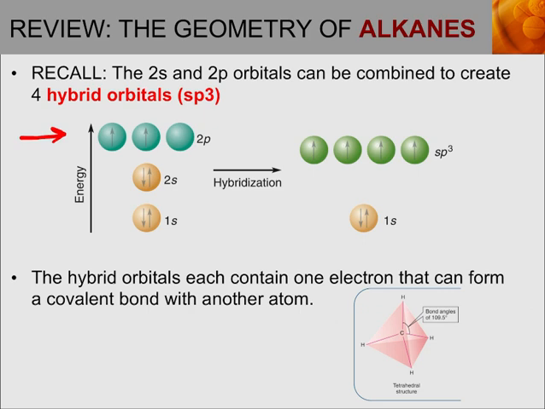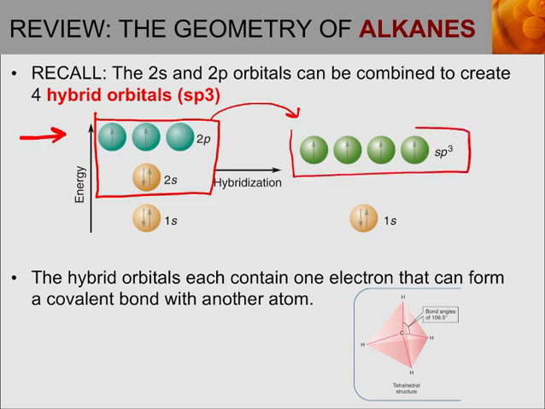So Linus Pauling came up with a way to get around this fact, and he said, okay, what if we combine our highest energy orbitals? So our 2s orbital and our 3 2p orbitals, and we make those into 4 hybrid orbitals.